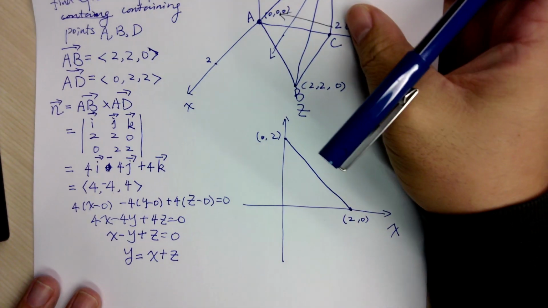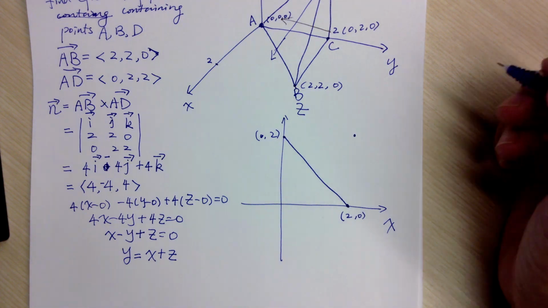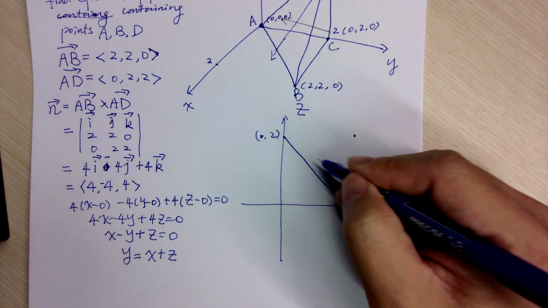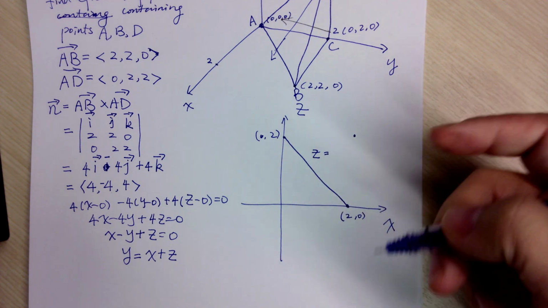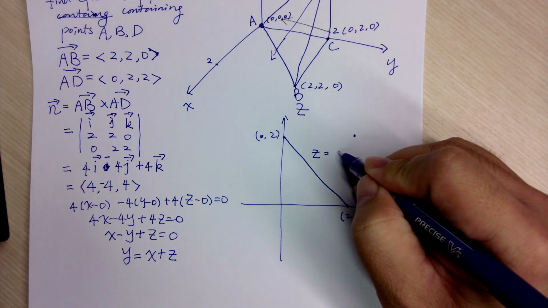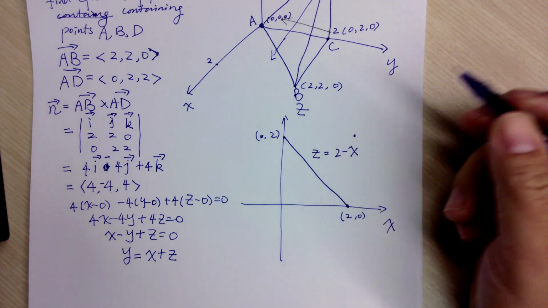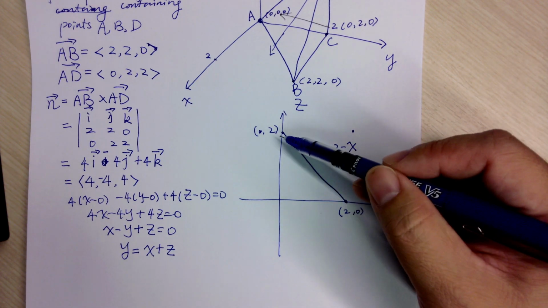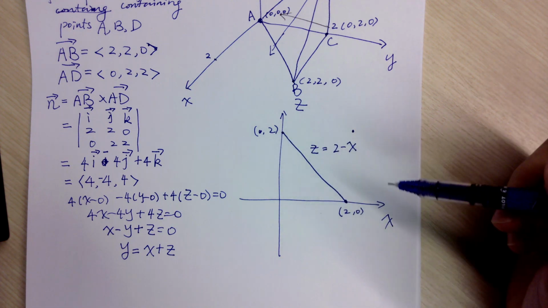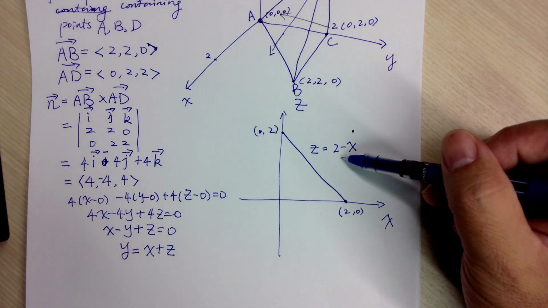We can write the equation for this line: z equals 2 minus x, because when x equals 0, z equals 2, and when x equals 2, z equals 0.